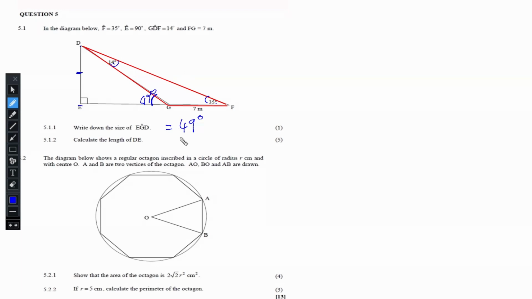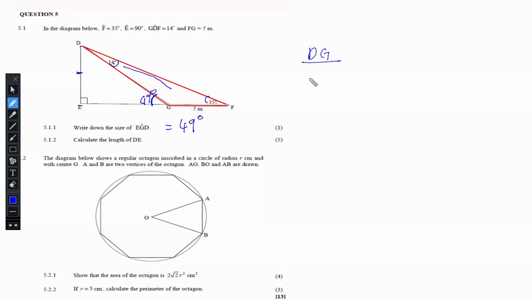We can use our sine rule here. So we have DG over, so the sine rule obviously is used on non-right angle triangles. So I'm trying to use the sine rule on this red triangle that you see that I've marked out here. So I will say DG over what?